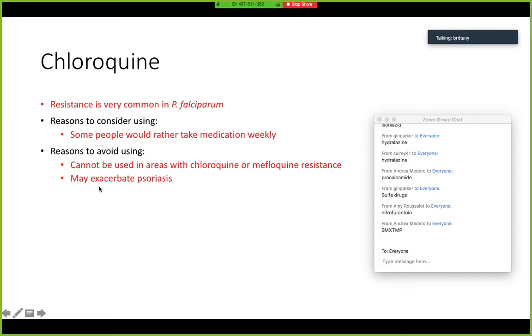So with these anti-malarial drugs, I would know what it's effective against, and then you want to know advantages and disadvantages to using it. Can the medication be taken at the last minute, or do you have to take it for a long time, et cetera. And then also any adverse effect. So you want to associate chloroquine with exacerbation of psoriasis.